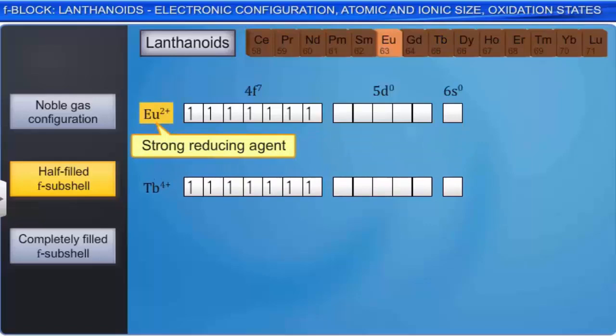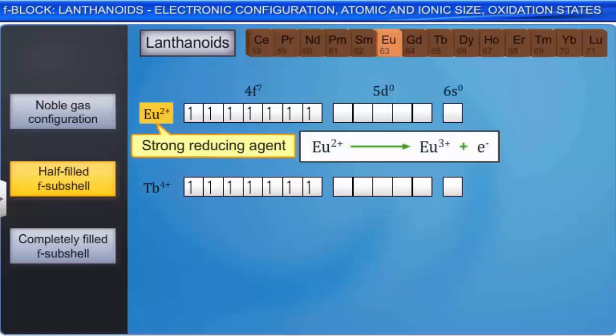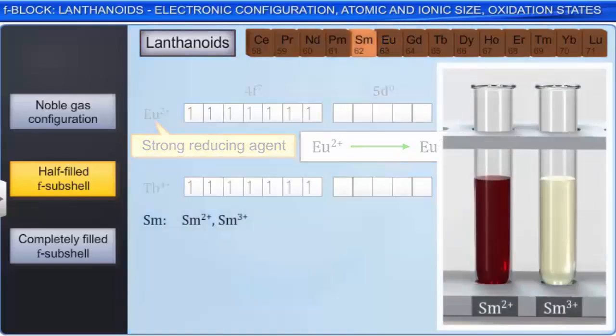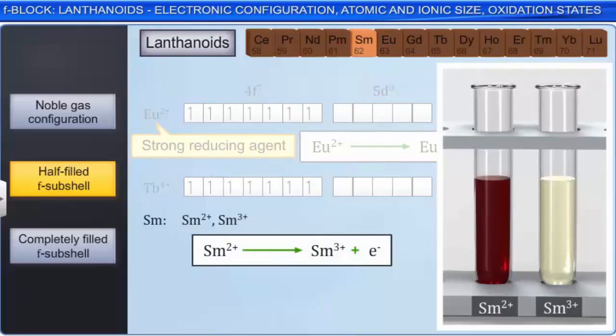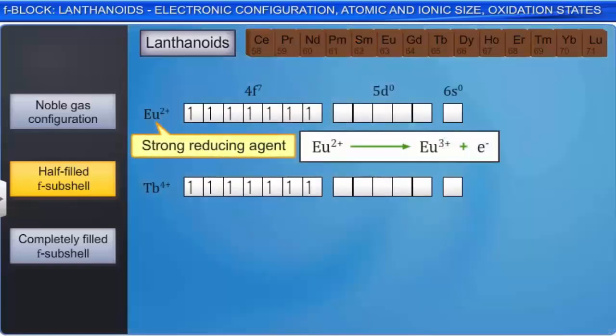Terbium 4+, on the other hand, acts as an oxidant and gets itself reduced to the +3 state. Terbium 2+ stands as an example of the third case. The terbium 2+ ion acts as a reducing agent and changes to the +3 state.